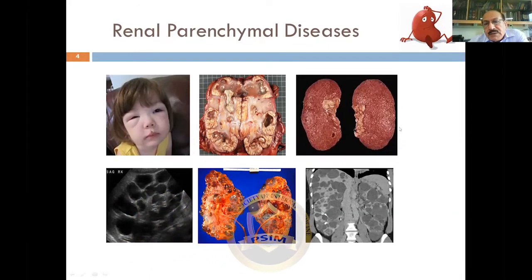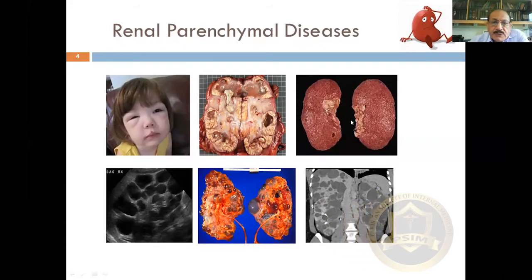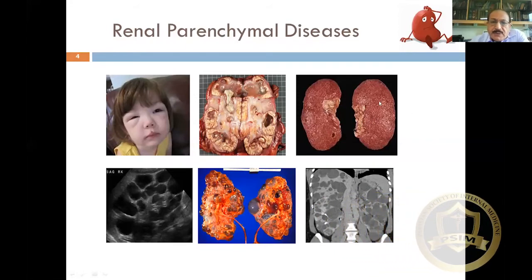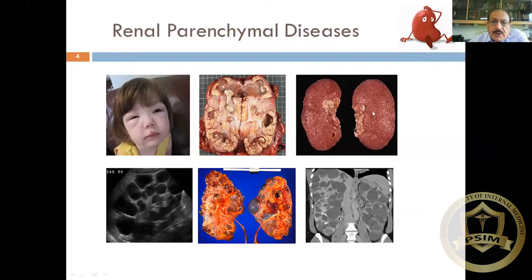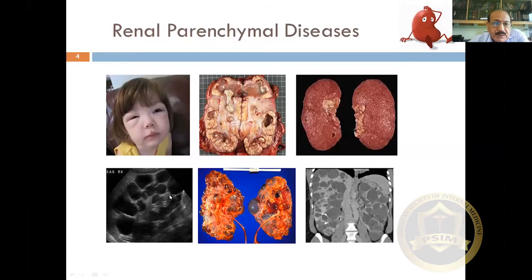Chronic nephritis, various forms of chronic glomerulonephritis, certain disorders like amyloidosis, polyarteritis nodosa, and so on. And then polycystic kidneys.